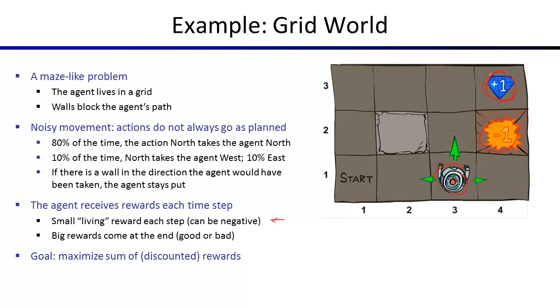But often your problems are that way, that you want to achieve a certain state. In those cases, if you want to achieve it sooner, you might want to apply a negative living reward at each time step to punish for taking too long. You can achieve the same thing with discounting. If you discount rewards, then you'll also encourage getting the rewards, at least the positive rewards, earlier rather than later. All right, so this is our example.